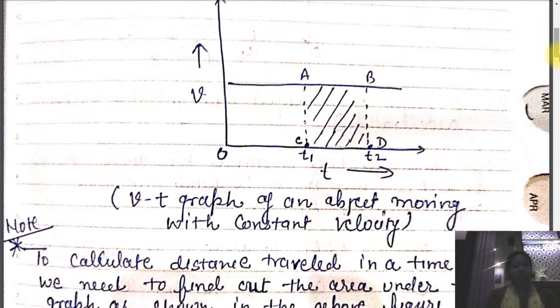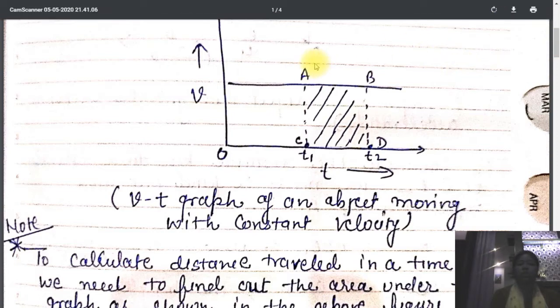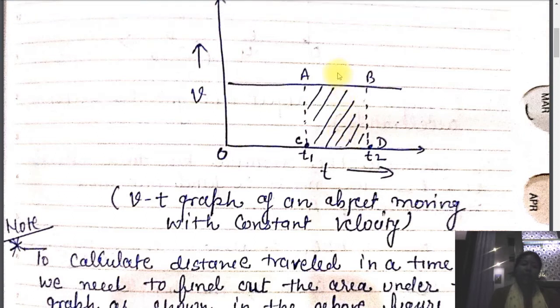We already studied the shape of the graph: we have one line parallel to the time axis. The x-axis always represents the time axis and the y-axis always represents the velocity axis. So if you have a line parallel to the time axis, that shows the object is moving with constant velocity.